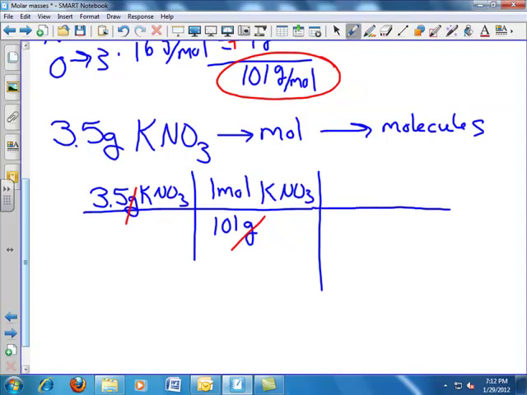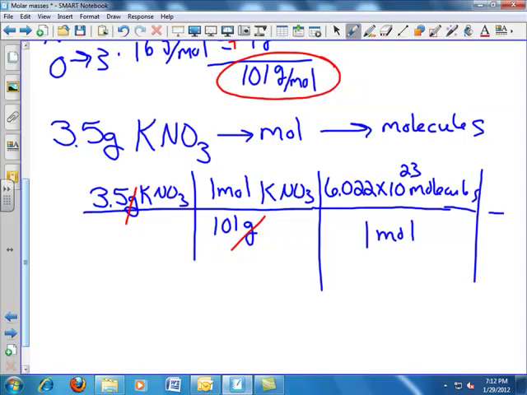And then I'm going to do molecules, and that's Avogadro's number, 6.022 times 10 to the 23rd molecules per 1 mole. Okay, and now you do the calculation. Okay, so go ahead and pause the video and calculate.